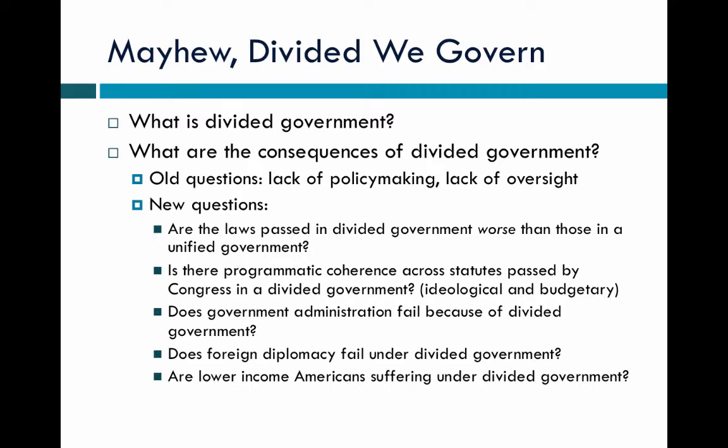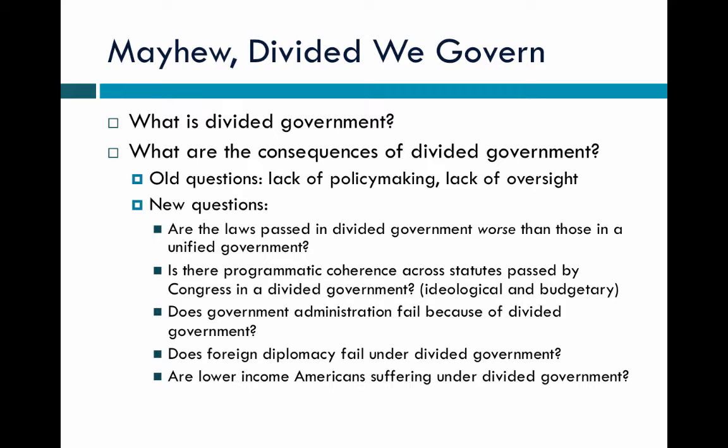So first, are the laws passed in divided government worse than those in a unified government? And he says that there is a lack of evidence to answer this question in the affirmative. Second, is there programmatic coherence across statutes passed by Congress in divided government? In other words, is there an ideological program being carried out?